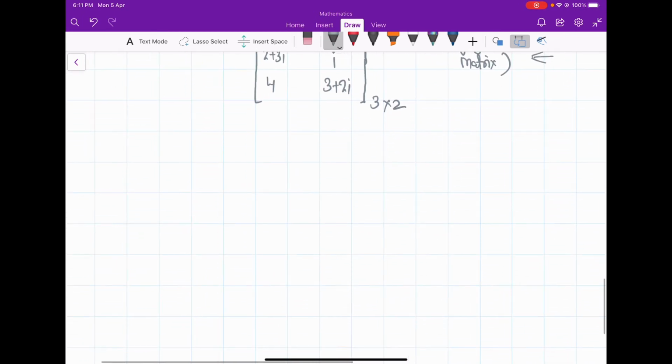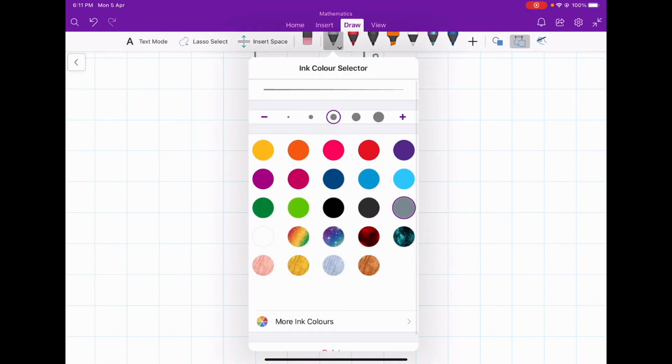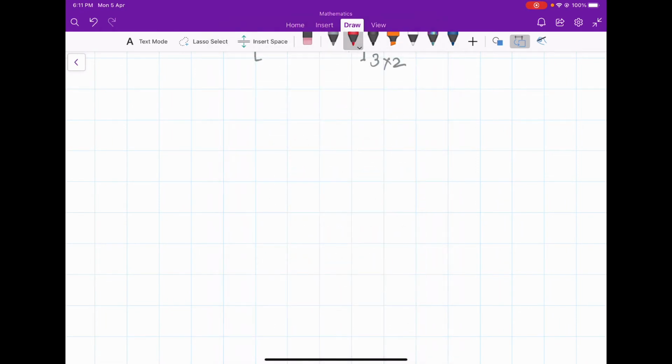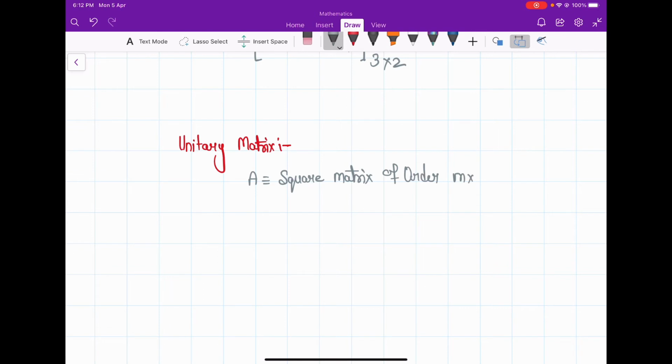The next condition is the unitary matrix. Suppose A is a square matrix of order m cross m.